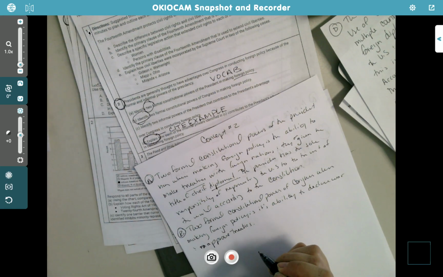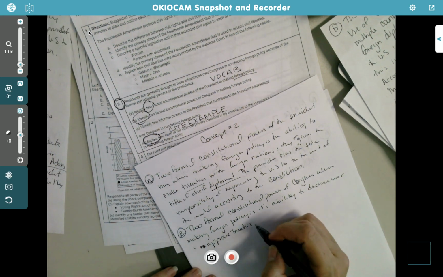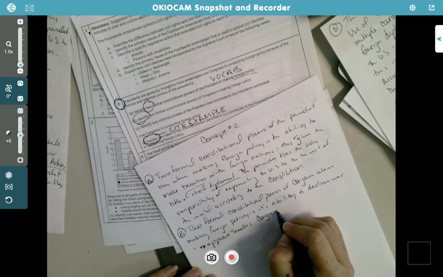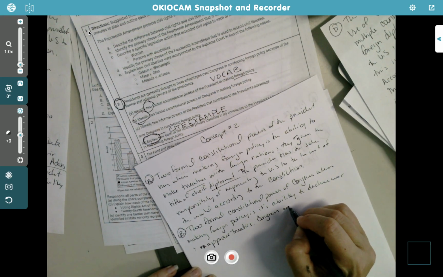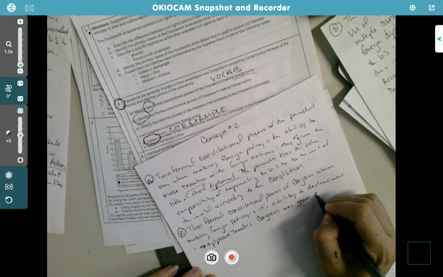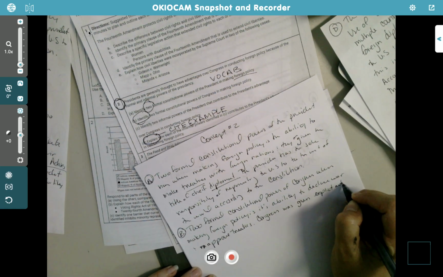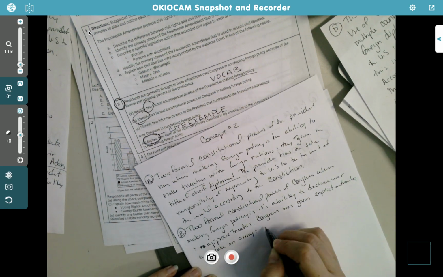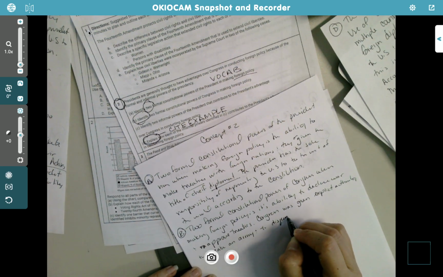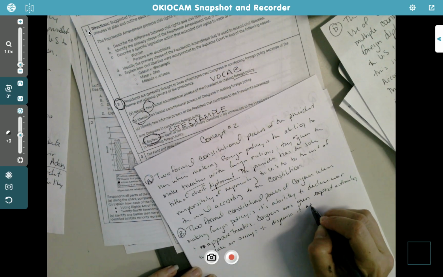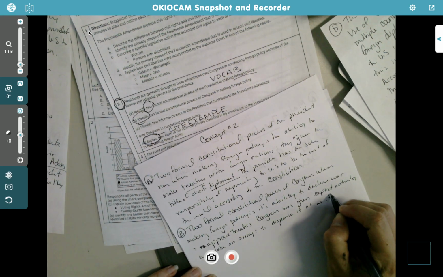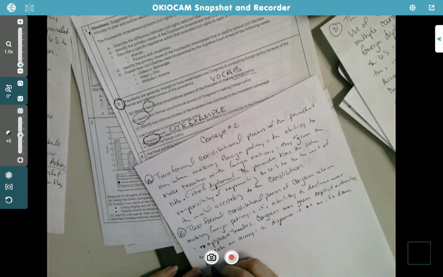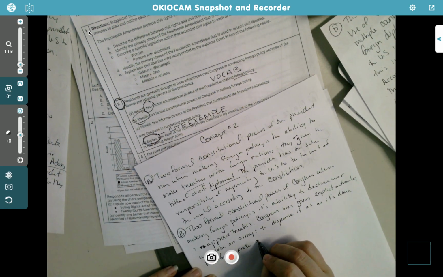Now we've got to kind of explain. Okay? Congress was given explicit authority to create an army and to dispense it, as long as it's done to enforce or protect our country.